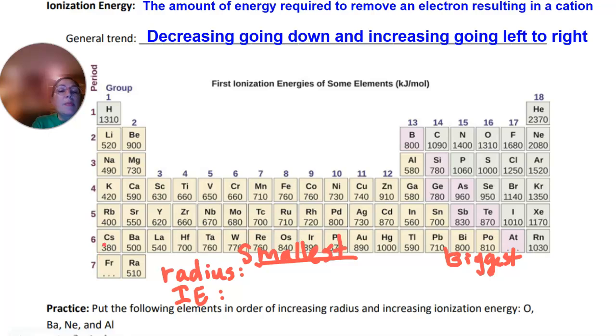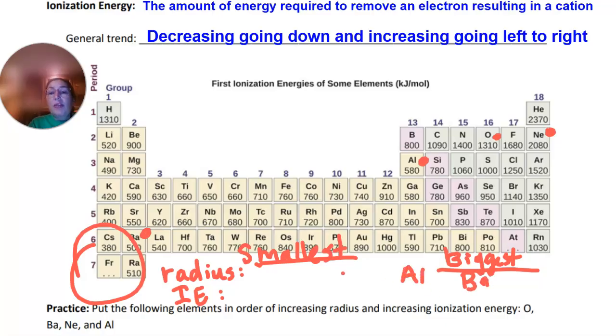Now remember, the biggest atoms are down here at francium and cesium. So if I want the biggest atoms from oxygen, barium, let's mark up oxygen right here. And we need aluminum, and we need neon, and we need barium. Well, in terms of radius, barium is really big, and then we've got aluminum, and then we've got oxygen, and neon would be the smallest.